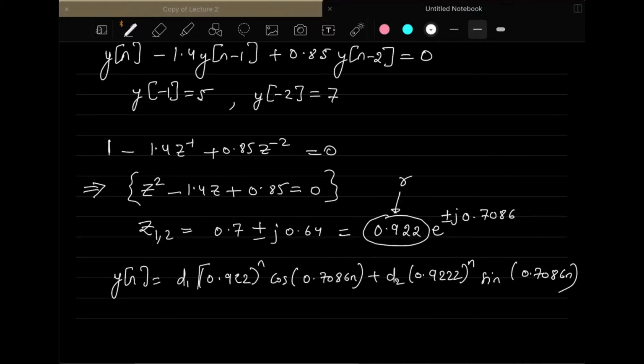Please note that it has to be written like this. I was not writing it in that fashion, but it has to be written like this.